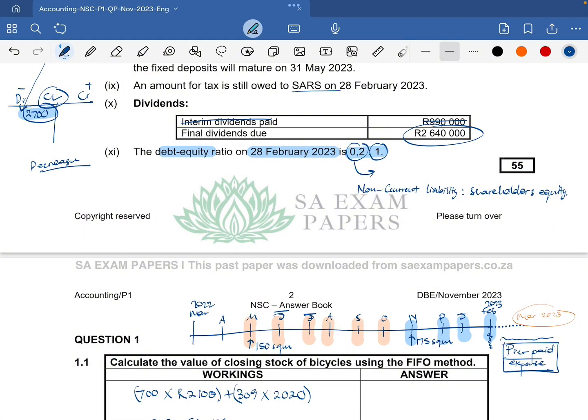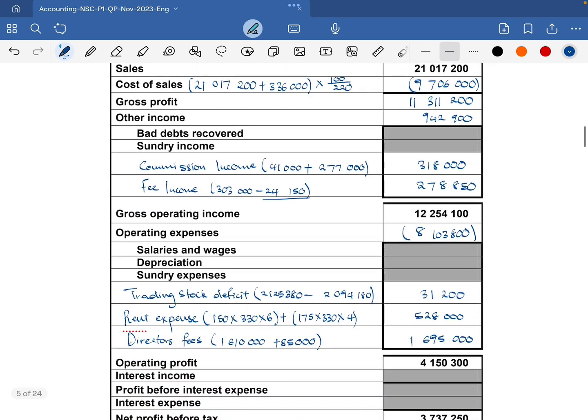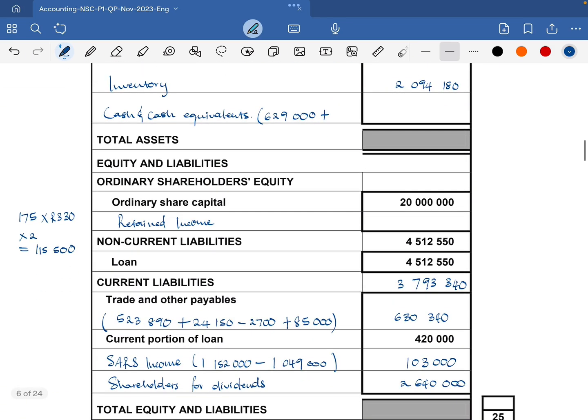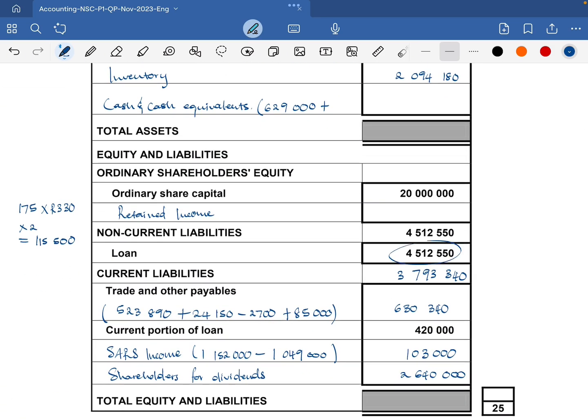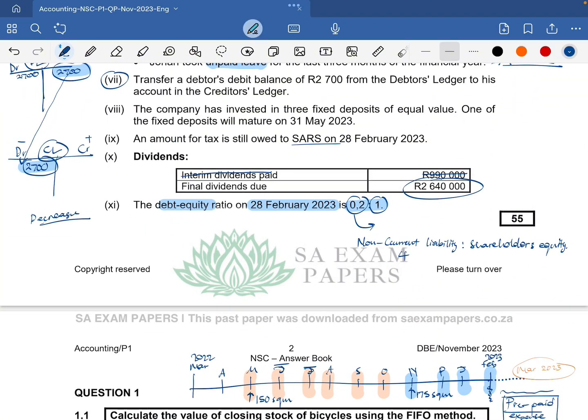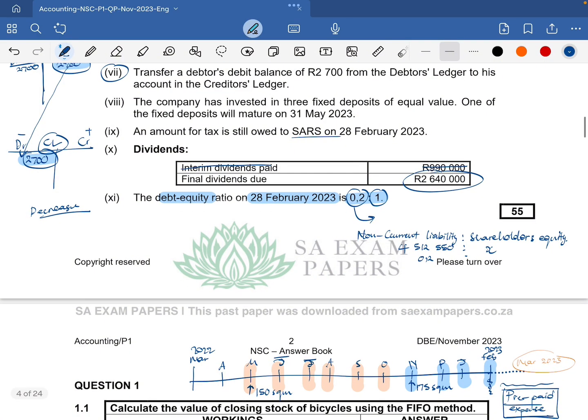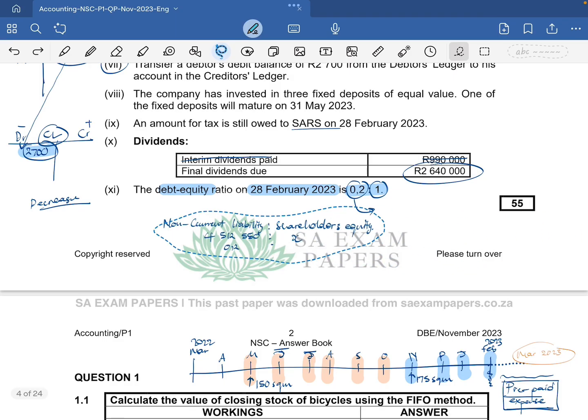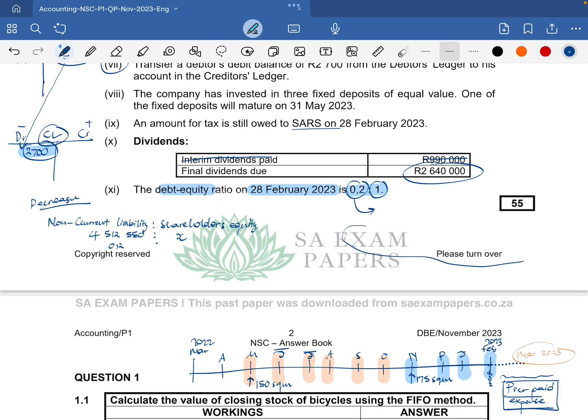Right, so we know that our non-current liability in this case is 4,512,550. And then we do not know what our shareholders equity is, but we know that the ratio is 0.2:1.